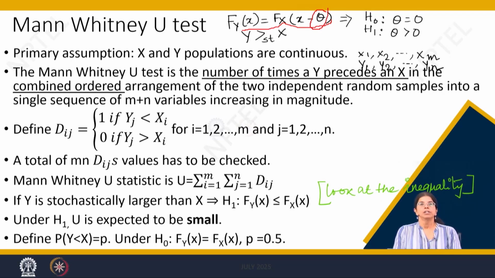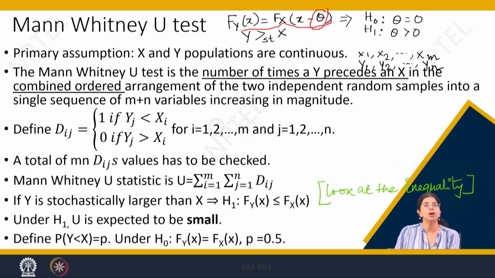Okay. So, define Dij, which is an indicator variable, 1 if yj is less than xi and 0 if yj is greater than xi. How many xi's are there? m xi's. How many yj's are there? n yj's. So, how many comparisons does one have to make?